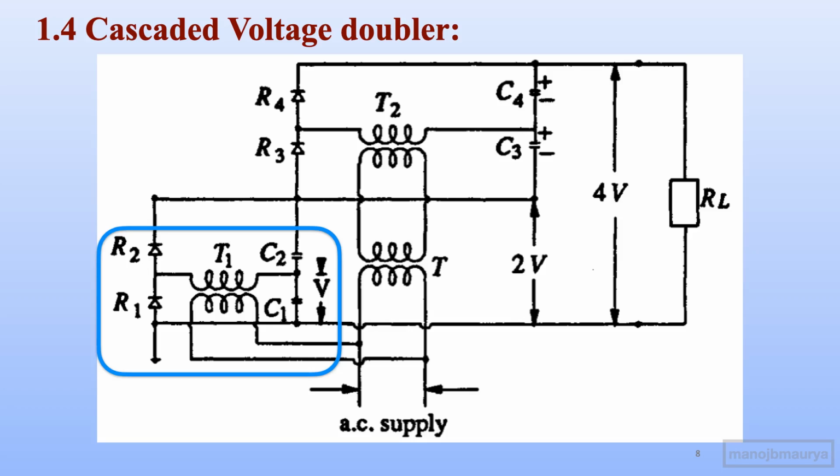So this is the first stage consisting of rectifier R1, R2, condenser C1, C2 and transformer T1. This is a simple voltage doubler that we have seen in the earlier section of this video.